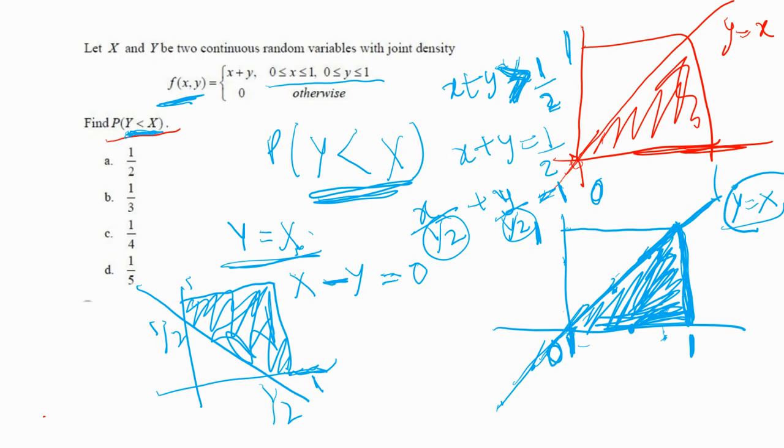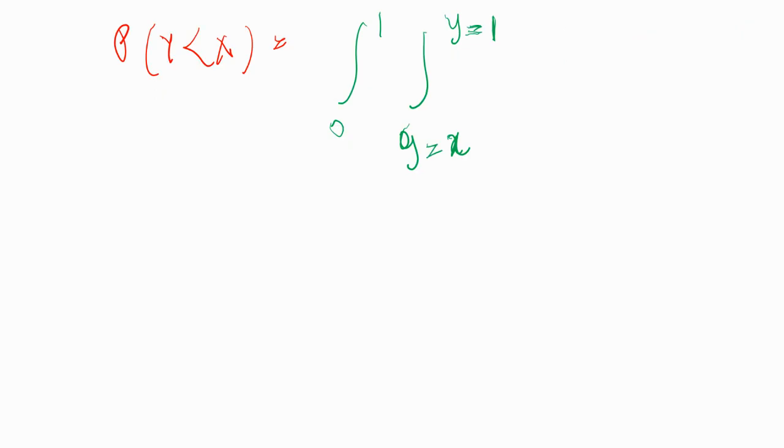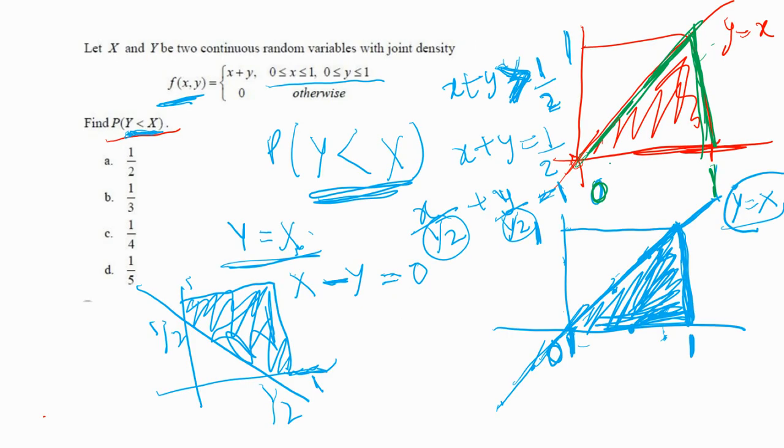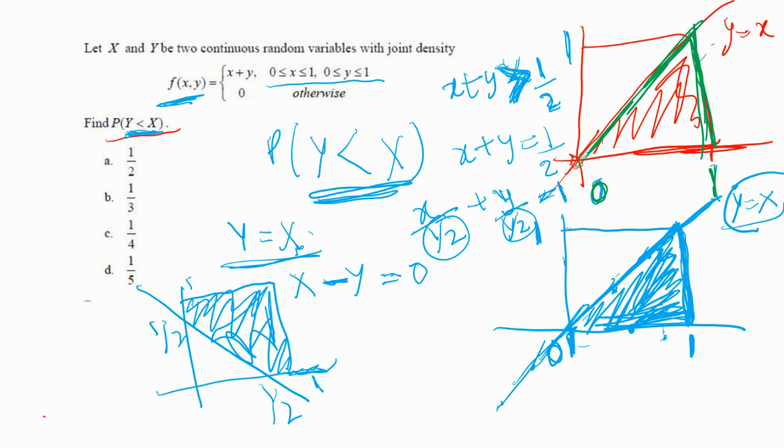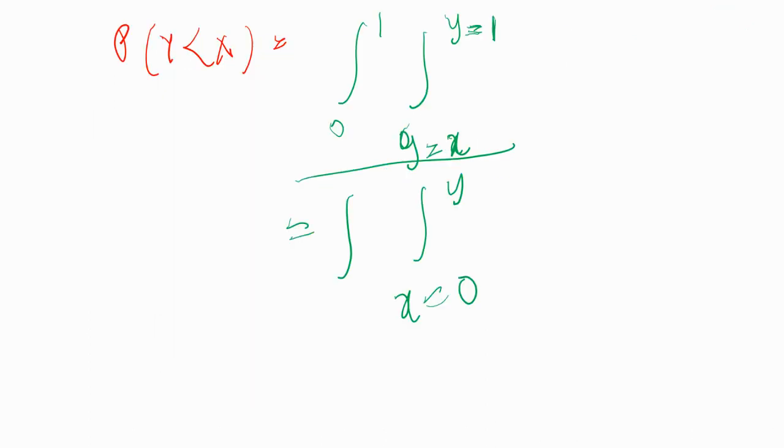So in x from 0 to 1, y is in the bottom line y is equal to x, and the upper one is y is equal to 1. Now if we do this by limit of x firstly, x will be 0 to y, and then for y it will be 0 to 1. y is changing from 0 to 1.